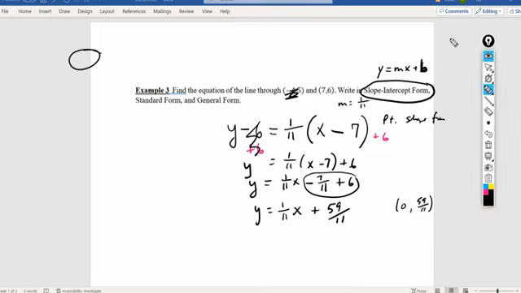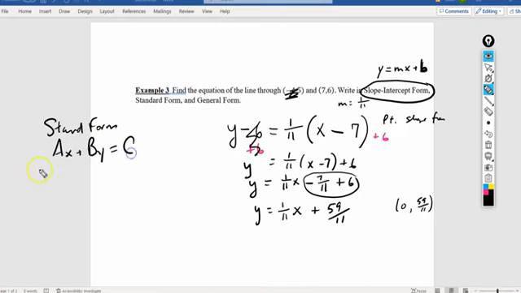All right, standard form is capital A times X plus B times Y equals C, where A, B, and C are whole numbers, integers. And the first one, A, has to be positive.